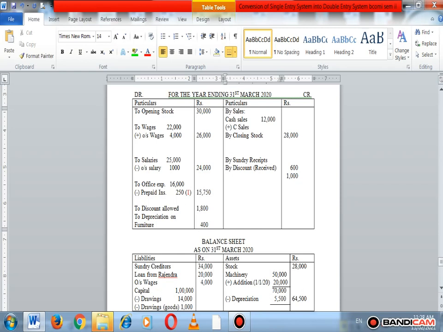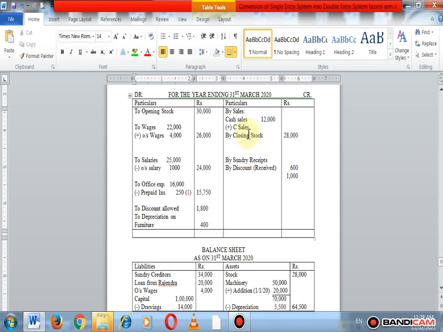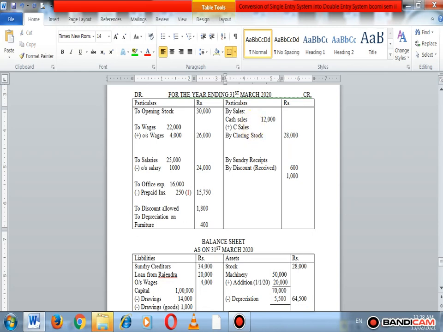Credit sales amounted to rupees 1,63,000, and the total is 1,63,000 plus 12,000 is equal to 1,75,000. So our total sales is 1,75,000.